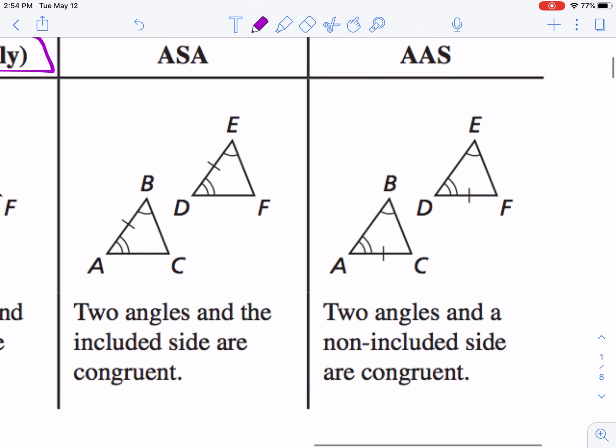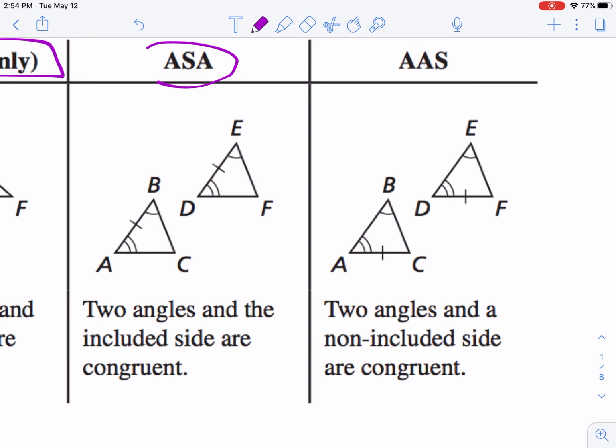The only difference between angle side angle and angle angle side is that in angle side angle, the side that we're given is between the 2 angles that are congruent. In angle angle side, the side is not between the 2 angles. Both involve 2 pairs of congruent angles and 1 pair of congruent sides. It's just about the position of that side in relation to the angles.